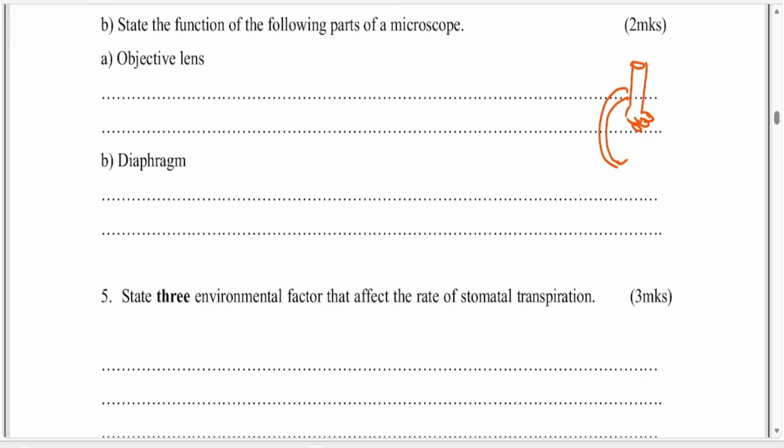And then we have the stage, and then we have a mirror. We have the diaphragm and the condenser. Then we have the coarse adjustment knob and the fine adjustment knob. We have the body tube. We have the eyepiece.